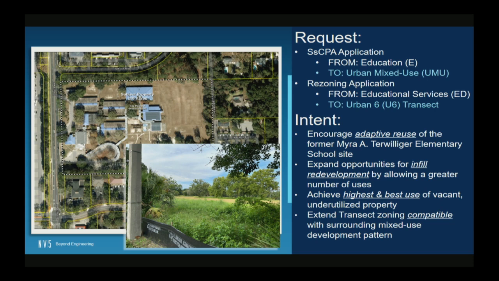The purpose of these requests is to encourage adaptive reuse of the former elementary school site by expanding opportunities for future infill redevelopment, achieve the site's highest and best use as the site now stands vacant. This will also serve to extend the city's transect zoning that's compatible with the surrounding mix of uses and development pattern.